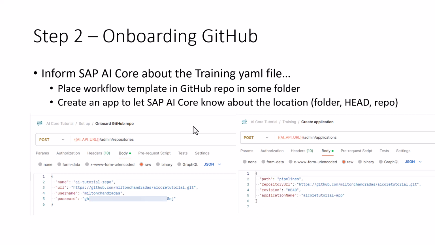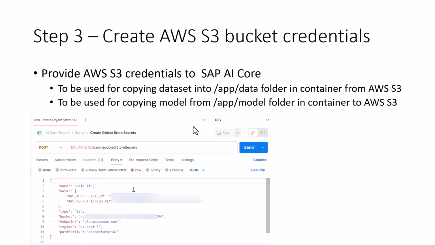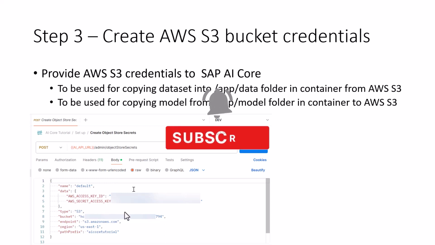So now continuing with the training phase, the next step is to create the AWS S3 bucket credentials. We need to let SAP AI Core know the credentials to connect to AWS S3, and for that we can submit a REST API call so that it knows about the credentials.